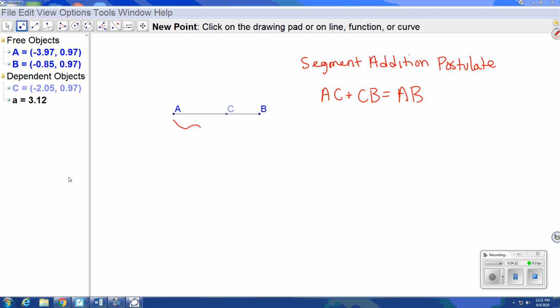Like if I just take this portion and add it to this portion, I'm going to get the length of the entire segment. So using this segment addition postulate, we can find the lengths of subsegments if necessary, right? Like if I know the whole thing's 10 and I know this is 3, then I know AC is 7, things like that, okay? So we can utilize this basic idea, it's not too complicated, right? Where it says basically the sum of the parts equals the whole. So that is the segment addition postulate.